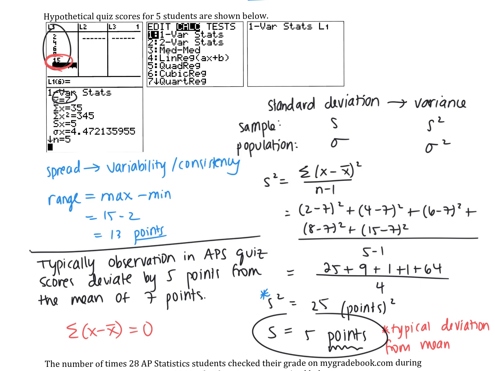Another question. If I add another observation, so my quiz scores are 2, 4, 6, 8, 15. If I add another quiz score that's 7, is that going to change the mean? Not the mean. Is that going to change the standard deviation?